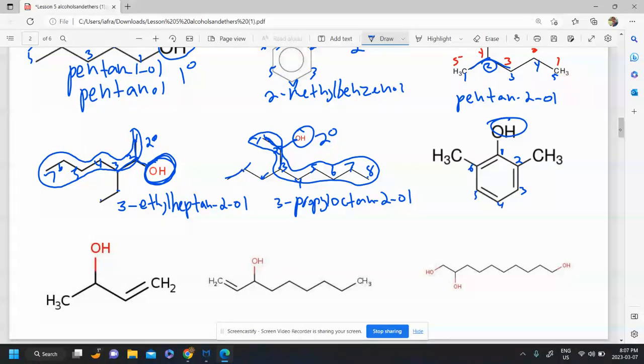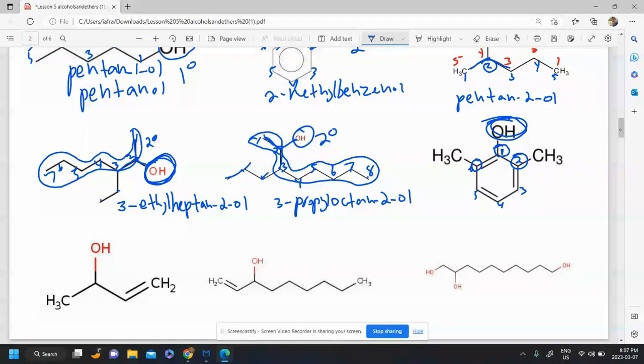I know it might be better to start at a methyl and then get 1, 2, 3, but then your OH would be a little bit too high. You really want that OH to be as low as possible, and so the best way to do it is to have that as carbon number 1. And I know it's a bit of a sacrifice for this methyl here, but it's a sacrifice we have to make because OH does have a really high priority. And luckily, this methyl here is already pretty low in priority.